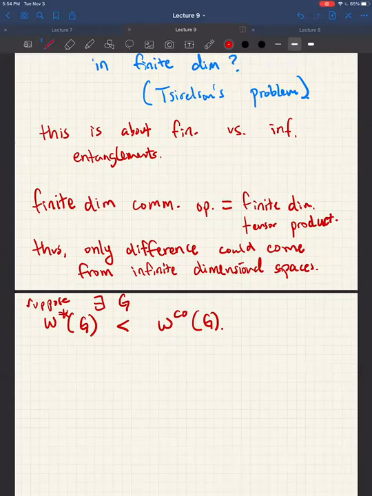Similarly, if you had a game that had a difference between commuting operator and finite dimensions, you could distinguish whether nature fits better in the commuting operator model or can be described using finite dimensions. Because if you played this game and saw a winning probability closer to this omega commuting operator value, this would give you evidence that nature goes one way rather than the other.